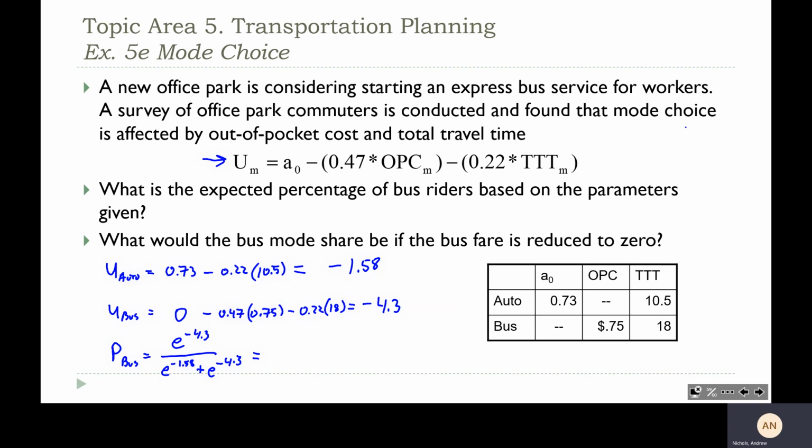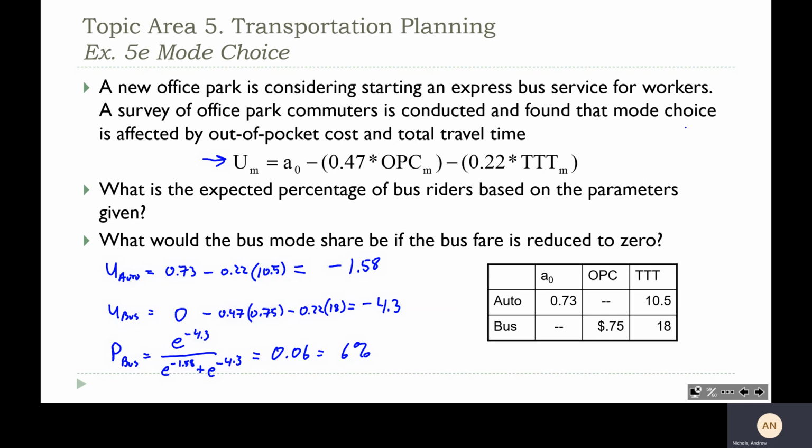Got 0.06. So that is 6%. So we would expect 6% of the people to take this new bus service. So that's the answer to the first part.